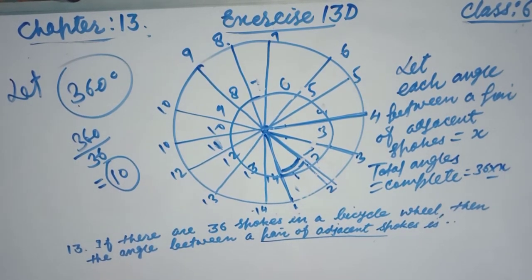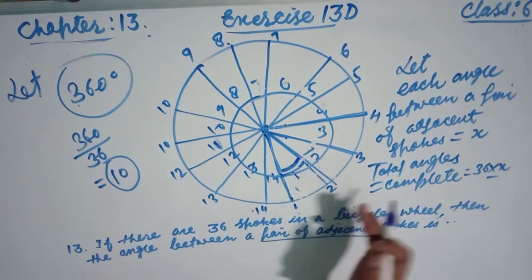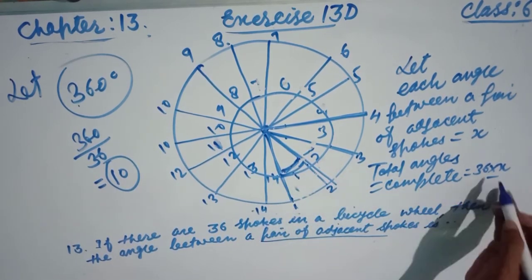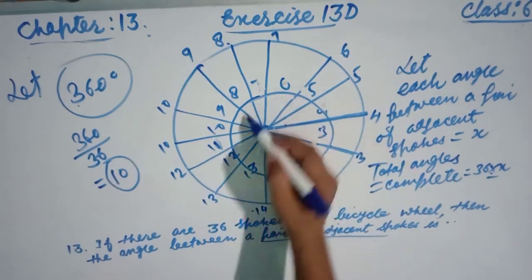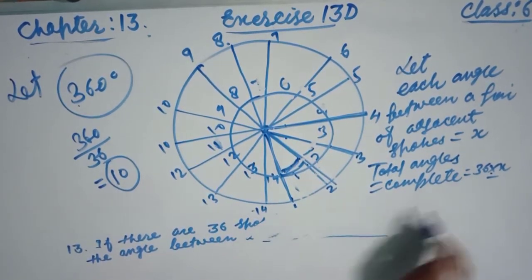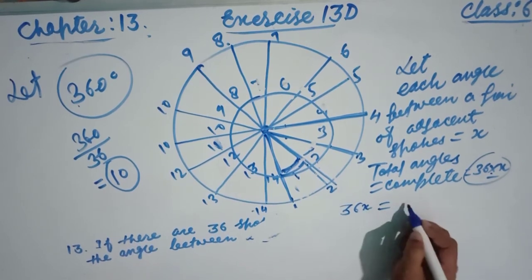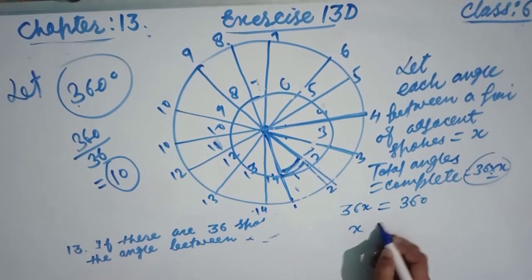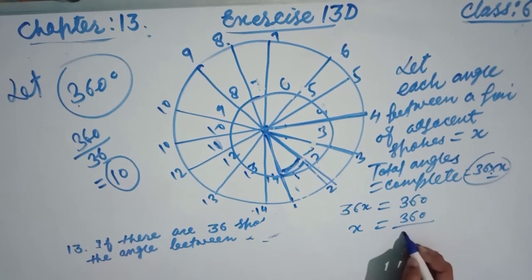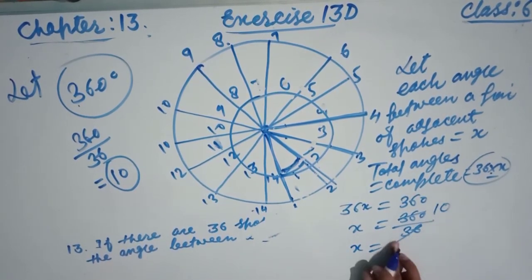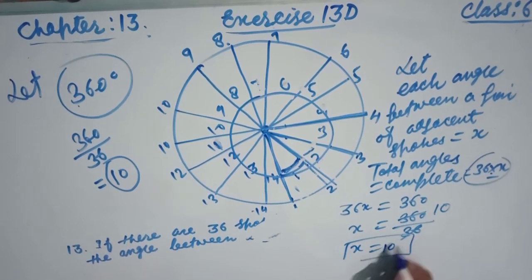Why? If we draw 36 spokes, we get 36 angles between pairs of adjacent spokes, and each angle is x. So 36 times x is the total complete angle, and we know a complete angle is 360 degrees. So x is equal to 360 divided by 36, which is 10. So 10 degrees is your answer, friends.